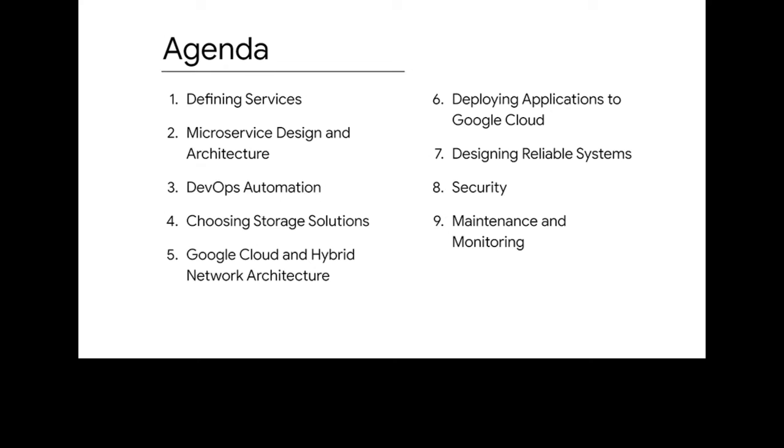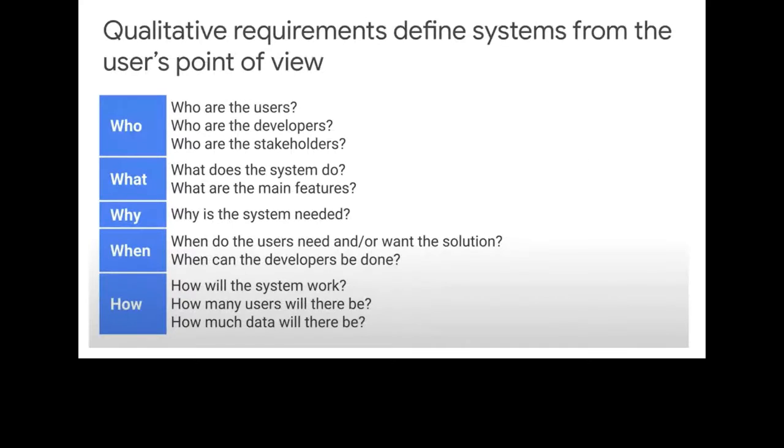You'll learn all that in the network architecture section. Also deploying applications to the cloud, and building a system which is more reliable and always available. Again, thinking about security, maintenance and monitoring. All this is what we will be going through in this particular section.